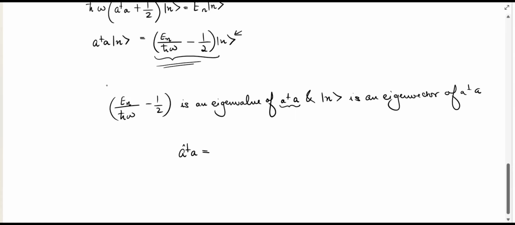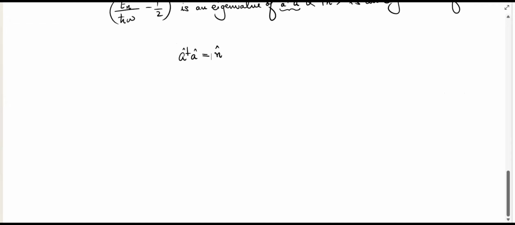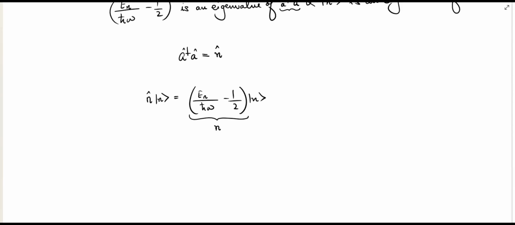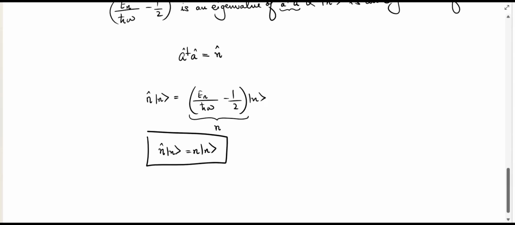Let us call it n cap. So it means that n cap acting on n is equal to E_n by h bar omega minus half, times n. We can call this whole thing n, and we can write this entire thing as n cap acting on n is equal to n times n, where n cap is called a number operator.